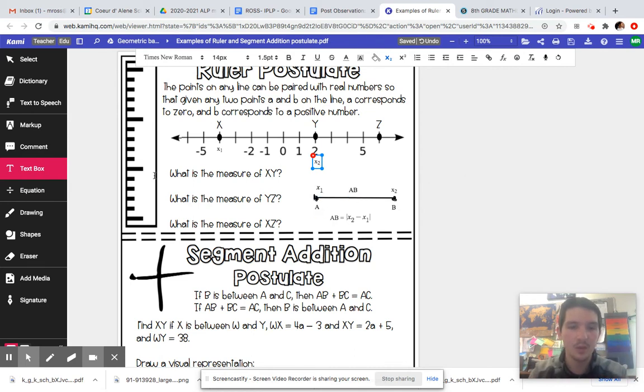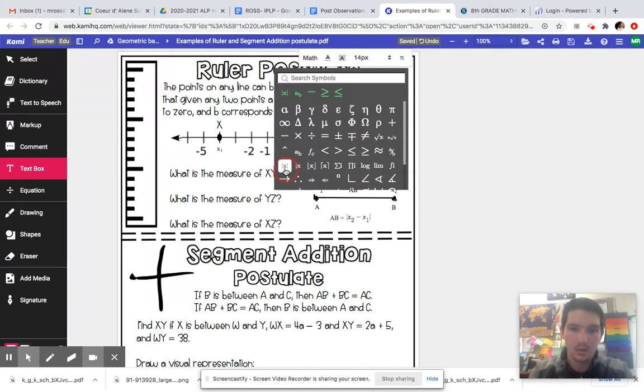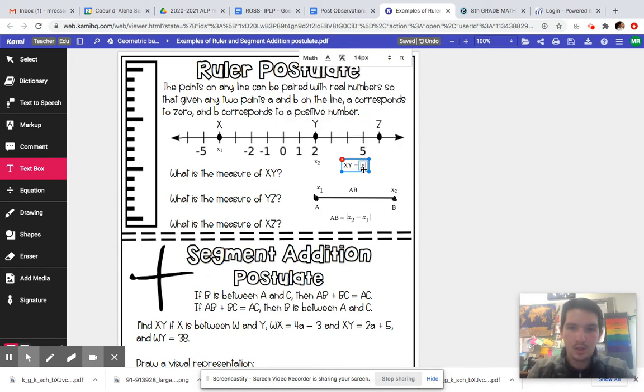And so if we're looking for this, we plug it into our formula. We know that XY is going to equal the absolute value of, so our x2 is 2, so notice my formula, 2 minus -4.